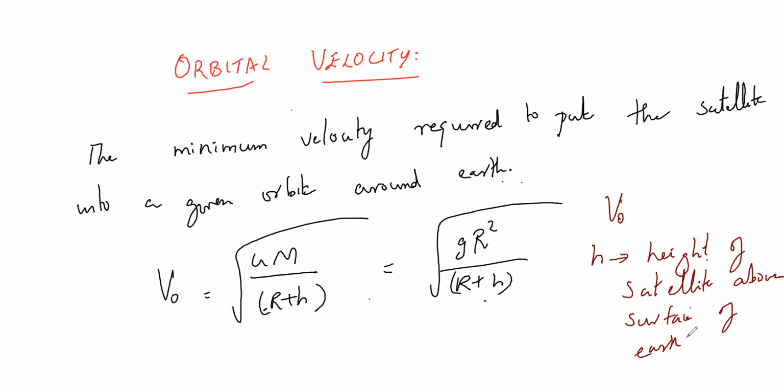M is the mass of the Earth, R is the radius of the Earth. That's it.